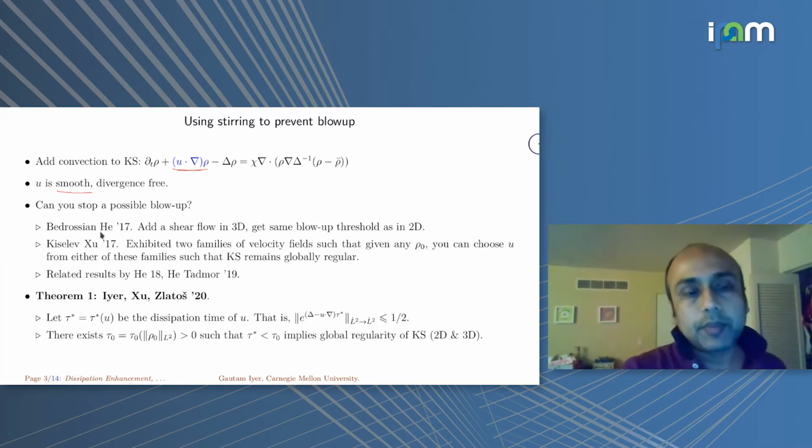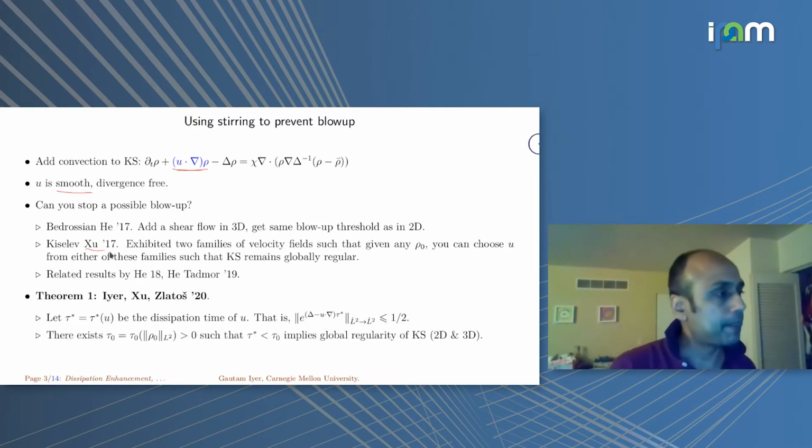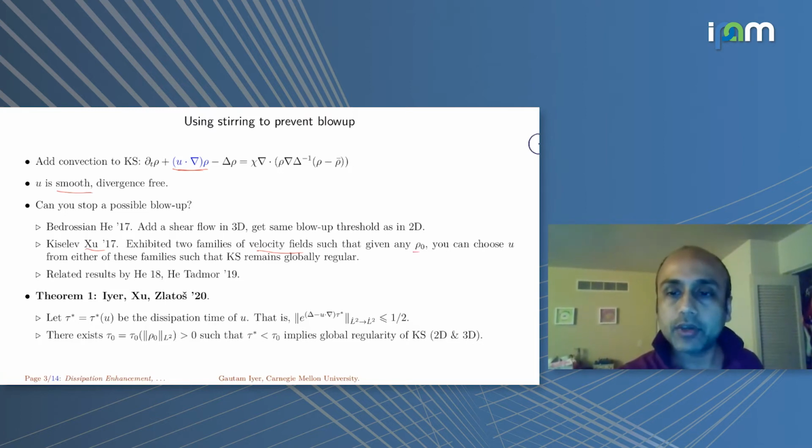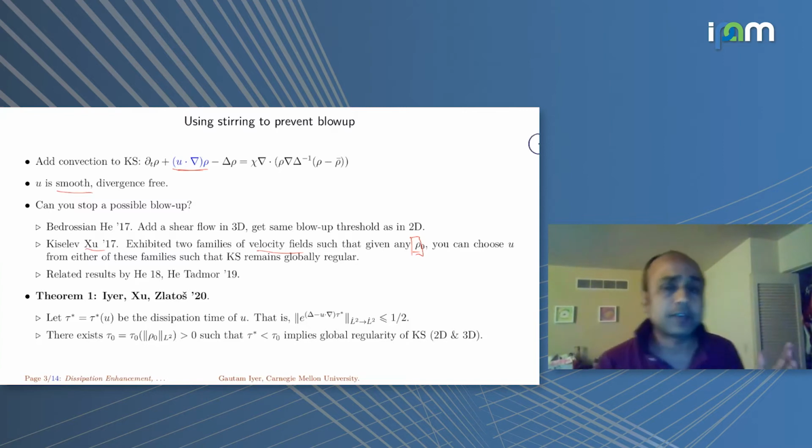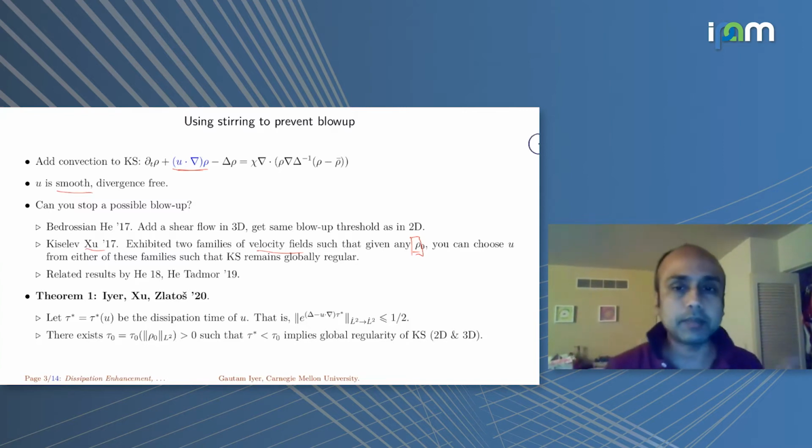If not, no. The paper that's more along the lines of what I want to talk about is this paper by Sasha Kiselev and Xiaoqian Xu in 2017, right? So what they had was two families of velocity fields, right? Such that given any rho naught, any initial population, doesn't matter if the mass is big or mass is small, it doesn't matter, right?